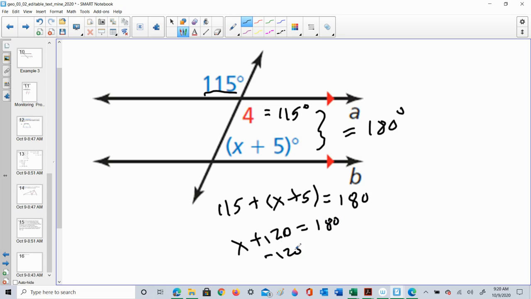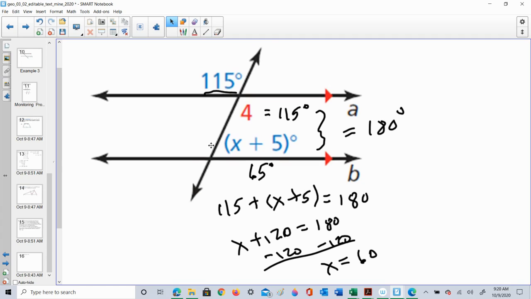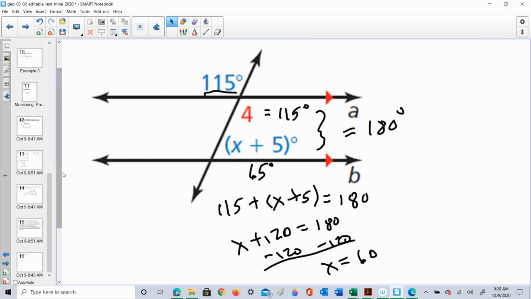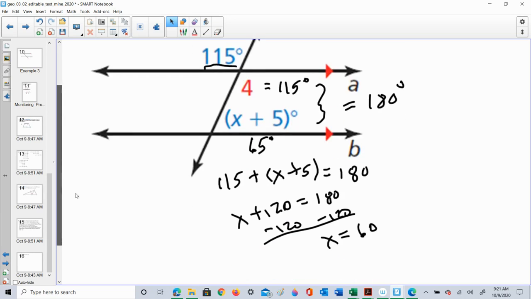Subtract 120 from both sides, and we get x equals 60. So x plus 5 is 65 degrees, but it said just find x, so we didn't even have to do that one. x was 60.